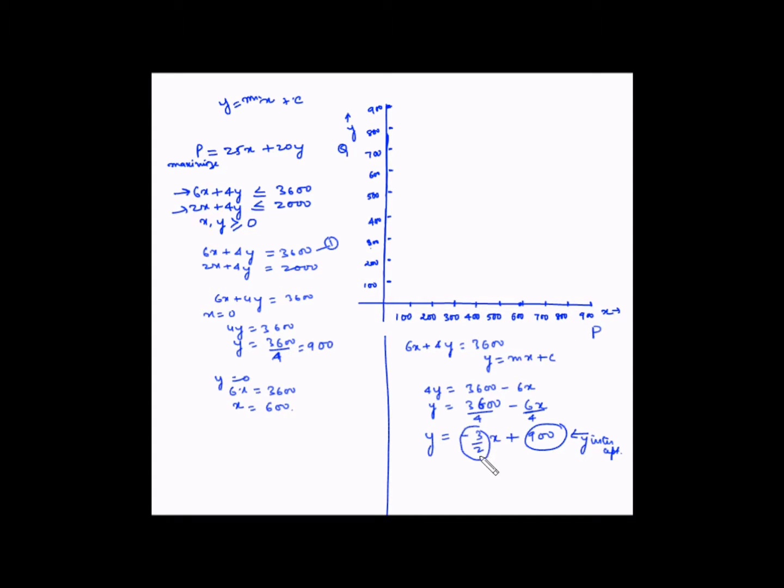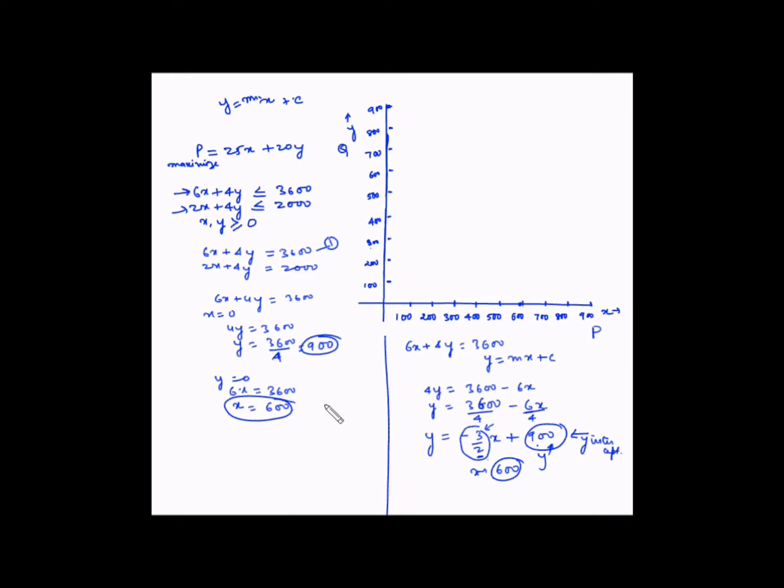And for each 2 steps that x takes, y takes 3 steps. So since y is intercepting at 900, the x-axis will be intercepted at 600. So x is at 600 and y is at 900. So it's the same result as we got here.